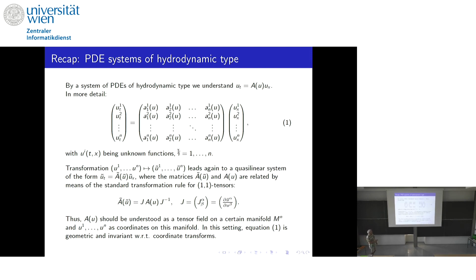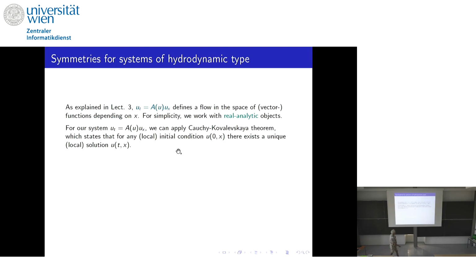Because if you make a diffeomorphic coordinate change, then the system remains a system of hydrodynamic type, and the new A tilde is just the 1-1 tensor transformation law applied to the initial A. So this belongs to differential geometry and not to analysis.